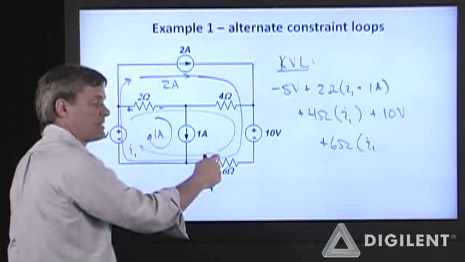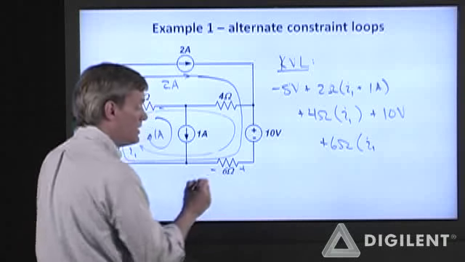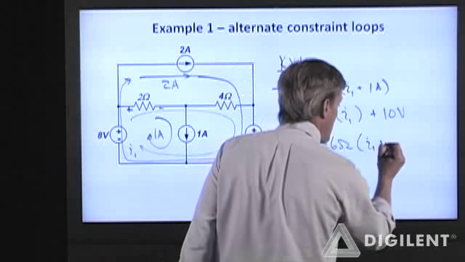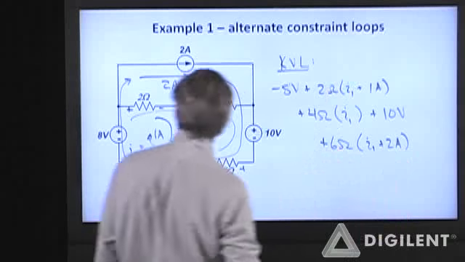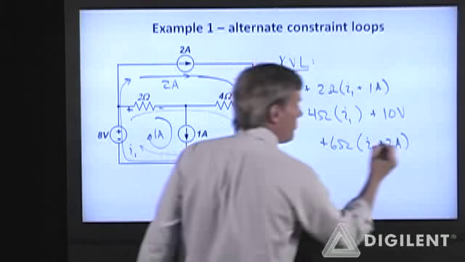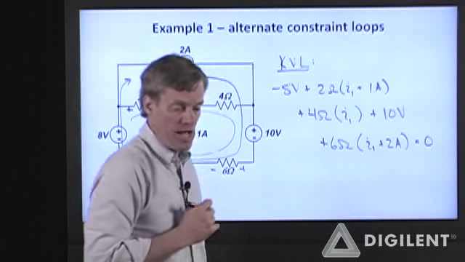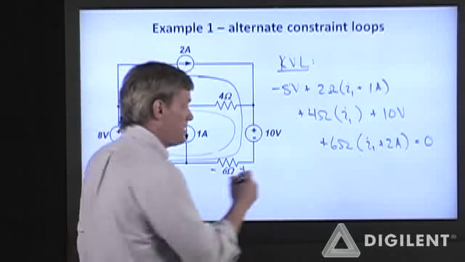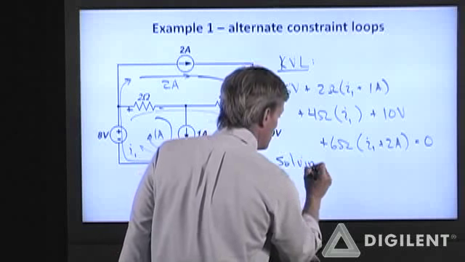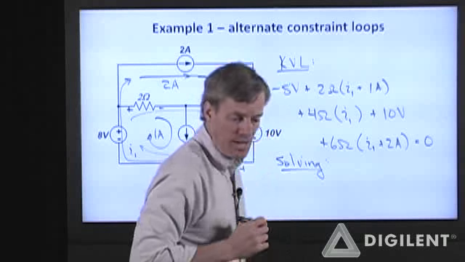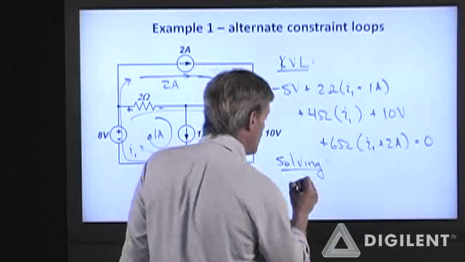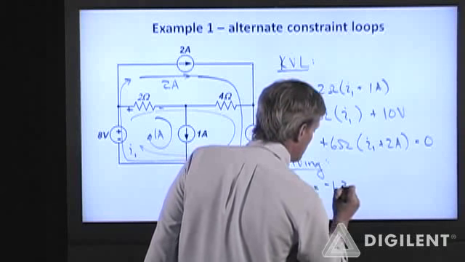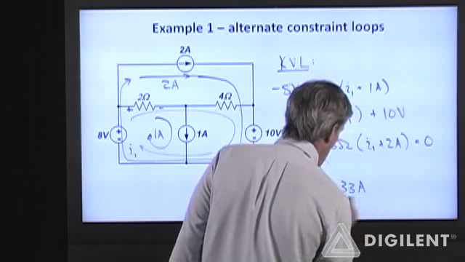It is going in the same direction as I1, so it is entering the assumed positive voltage node, so I have a plus 2 amps. Then I'm back to my starting point. This sums up to 0. Now if I solve this, I end up with I1 is minus 1.33 amps.